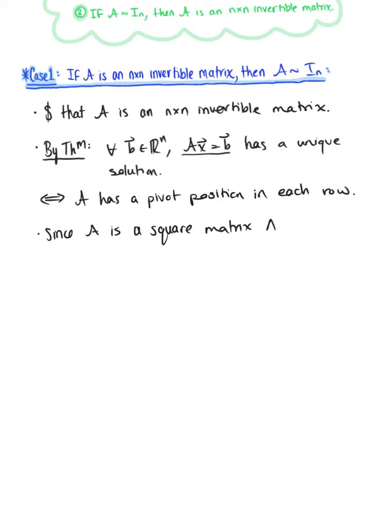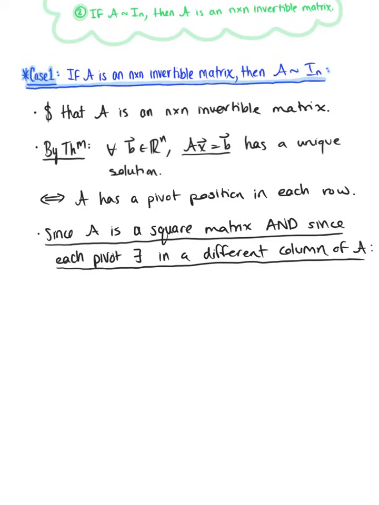and since each pivot position must be in a different column, what does this tell us about these pivot positions? Since matrix A is a square matrix, and since each pivot position exists in a different column, this lets us know that these pivots exist along the main diagonal.